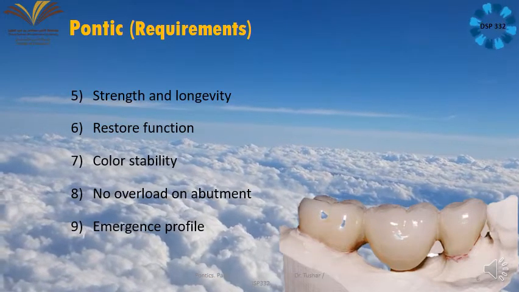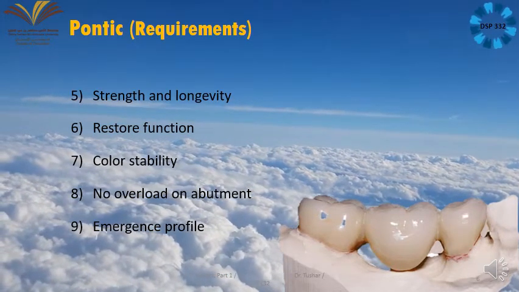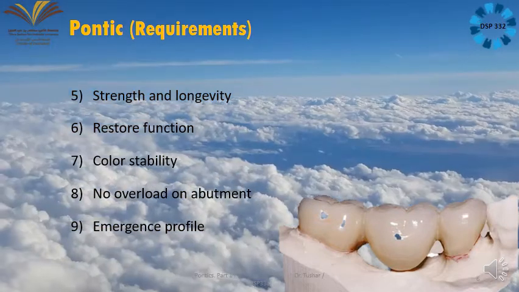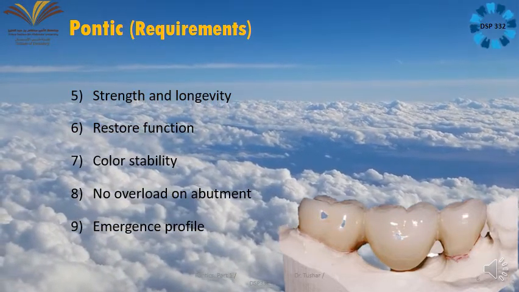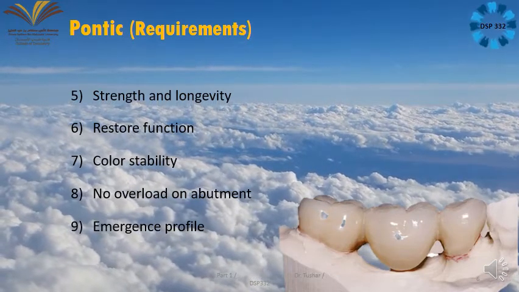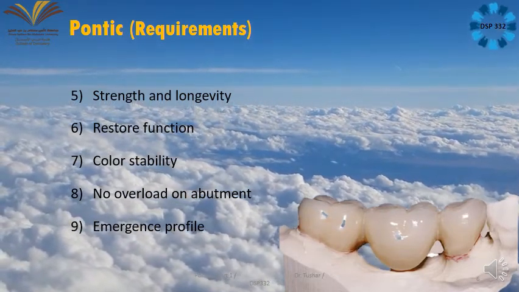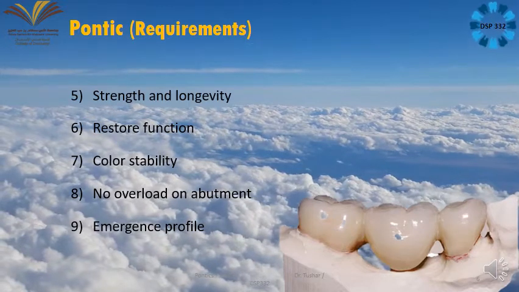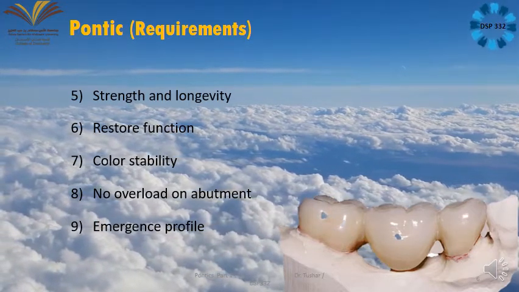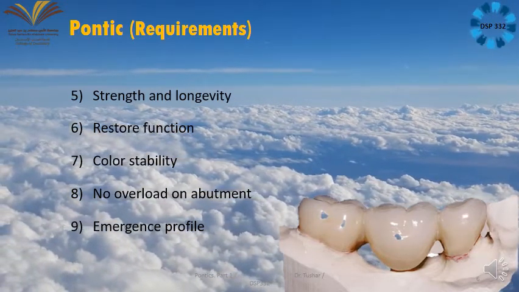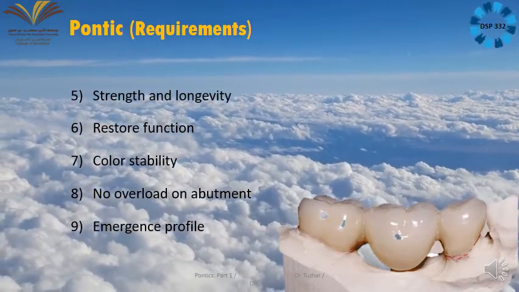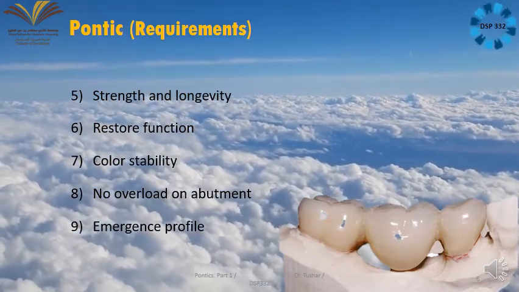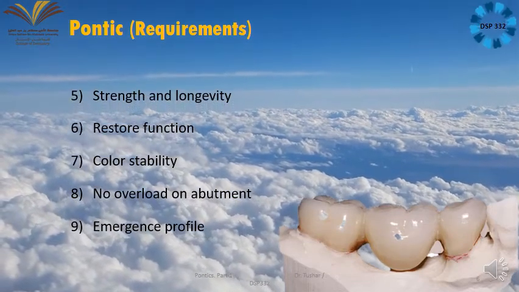Emergence profile. Now this term is new to you. Emergence profile means, when you observe any natural tooth, it looks like it is growing from the gingiva, because that tooth is coming from the socket. In the socket there are roots, and to the roots the crown portion is attached. So when you see that tooth, it looks like it is emerging from the gingiva.